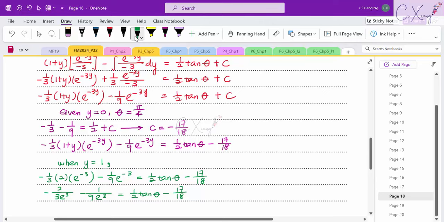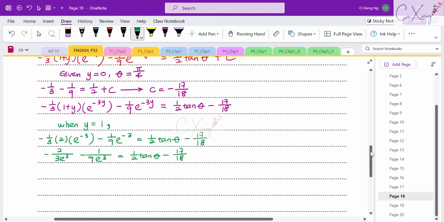Okay, so for this question, they want us to express our answer in the exact form. So I keep my tangent theta first. Okay, then maybe I keep my half tangent theta first. So I move all the number to the other side. Therefore, when I try to simplify this, I'll be having 17 over 8, bring it over, become positive. So 17 over 8 positive.